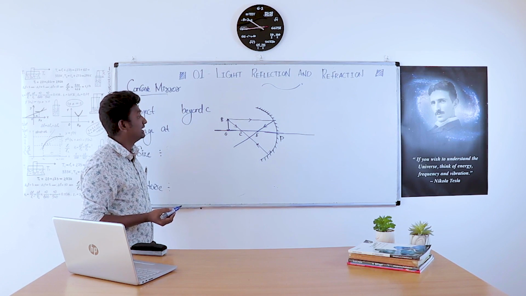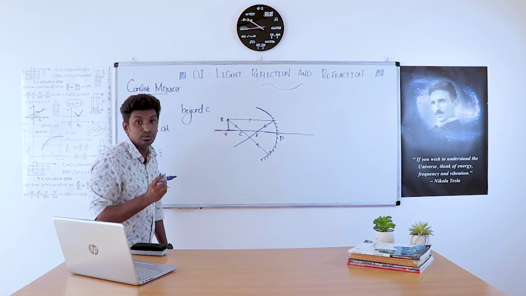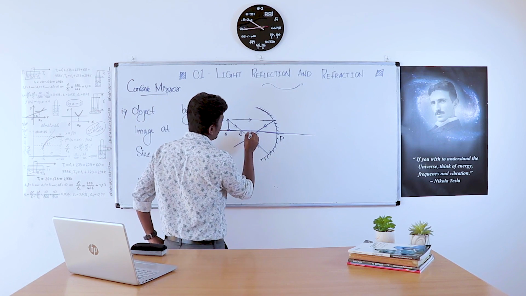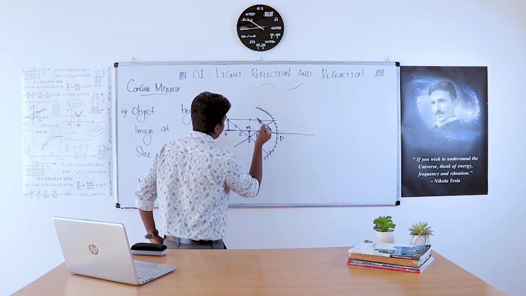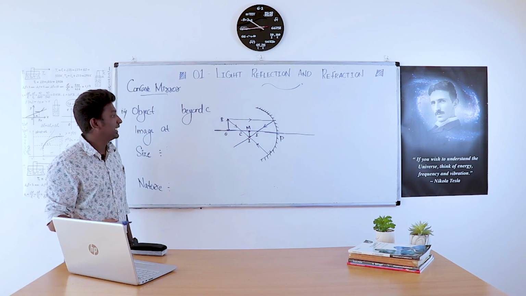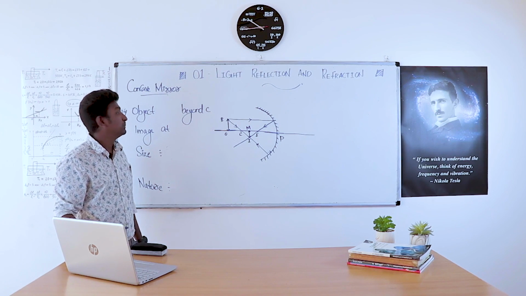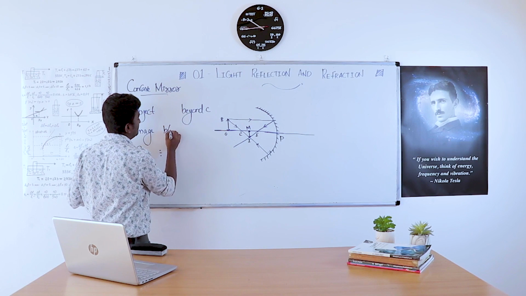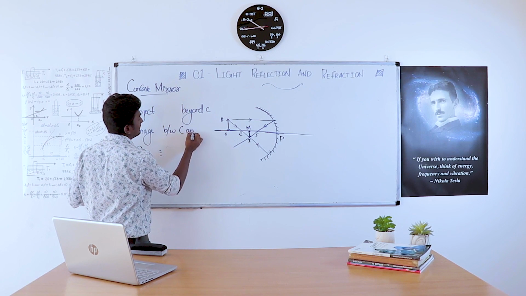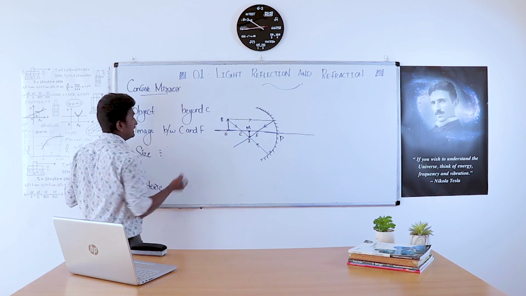These two rays meet at a point between C and F. So this is the image. So we can say that the image is between C and F.